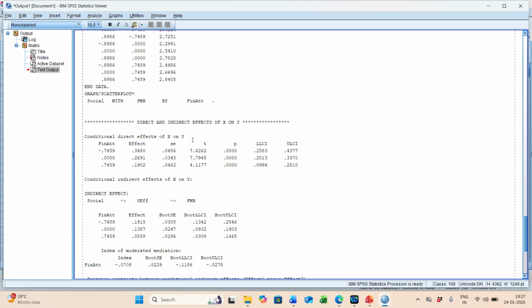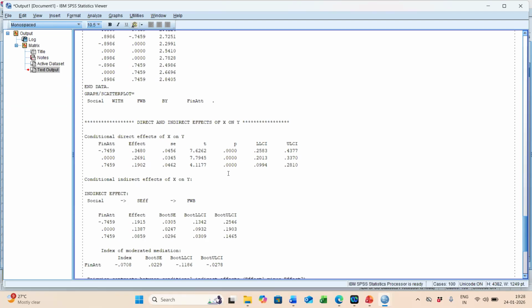At the lower level, when the financial attitude is x bar minus 1 standard deviation, the effect is 0.3480. It is significant, and when it is increased, at all three levels it is significant. So all the direct effects are significant.